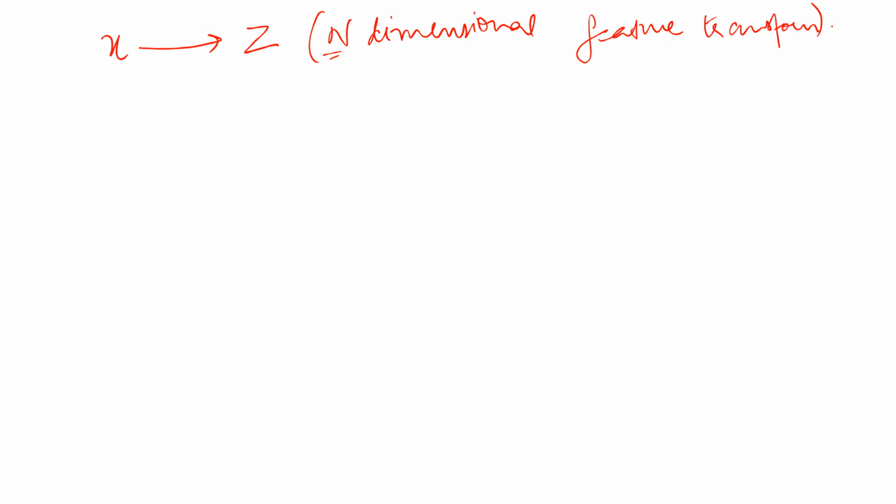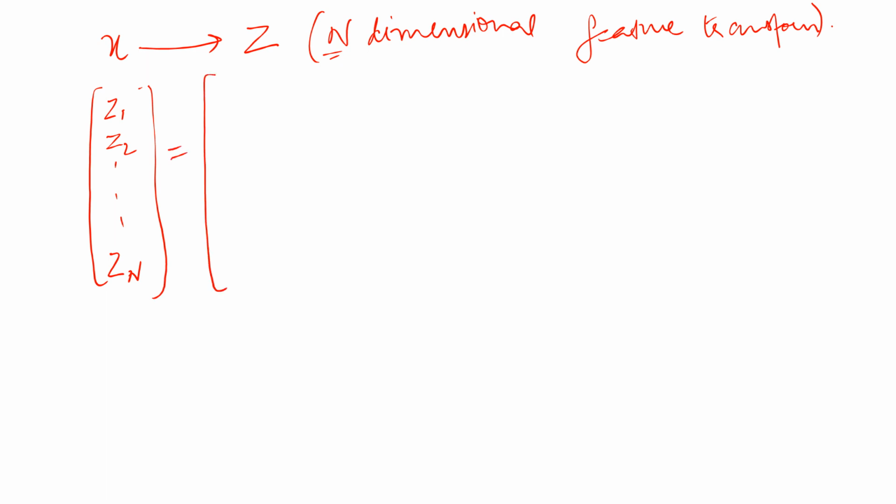How do we get this z? So this z has all these components, z1, z2, and so on up to zn. And what does each one of them look like?